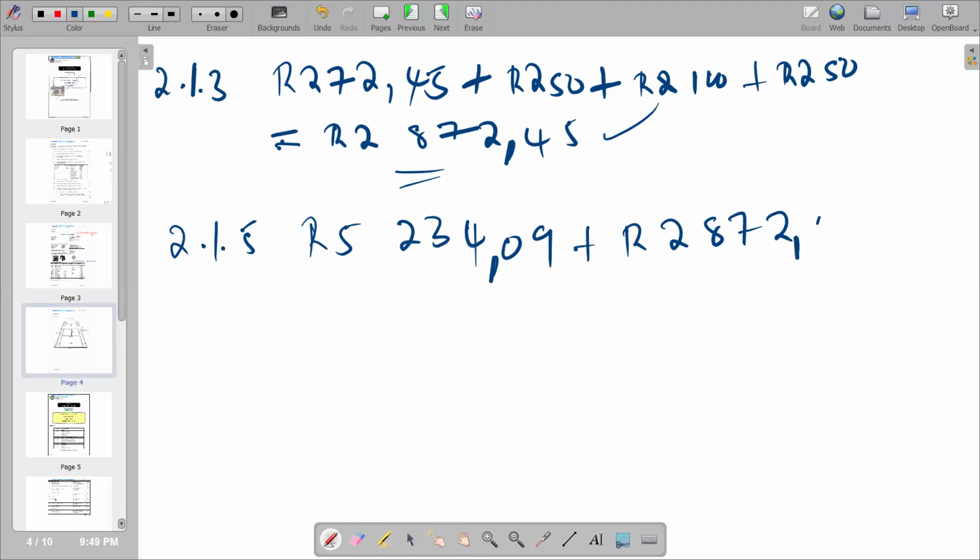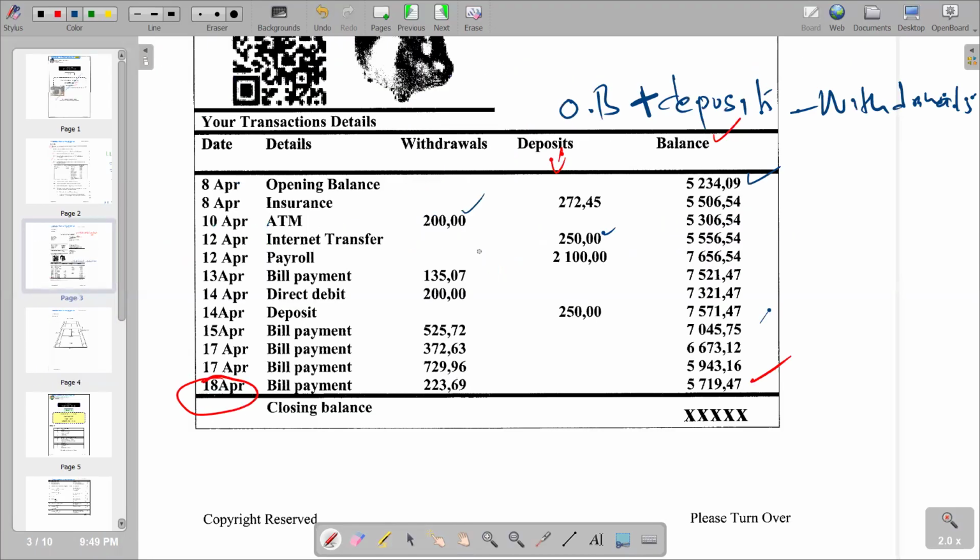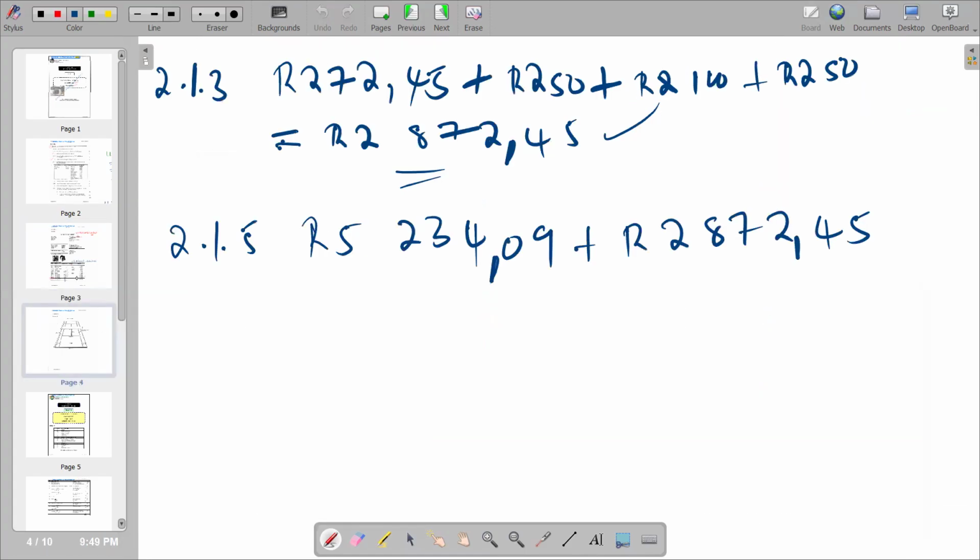Then for withdrawals we have 200 plus 135 rands 7 cents, 200 rands, 425 rands 73 cents, 729 rands 96 cents, and finally 223 rands 69 cents. If you add these, we can calculate to see what the total for our withdrawals is going to be.